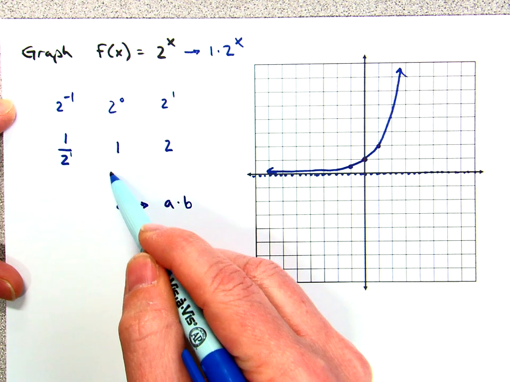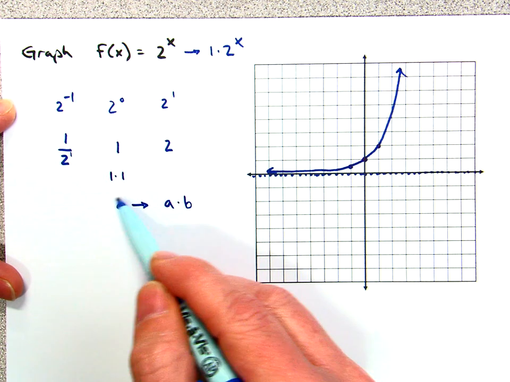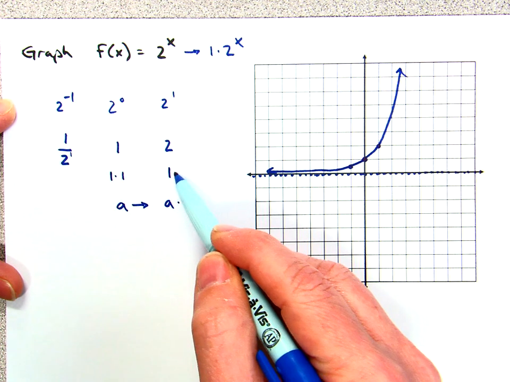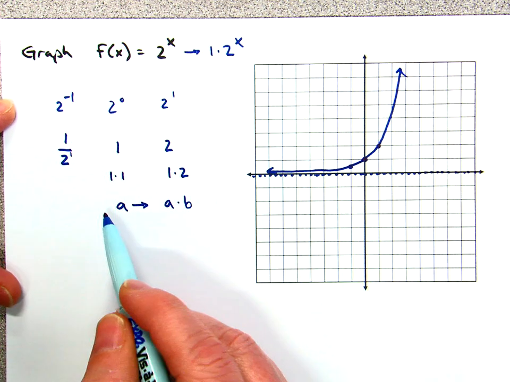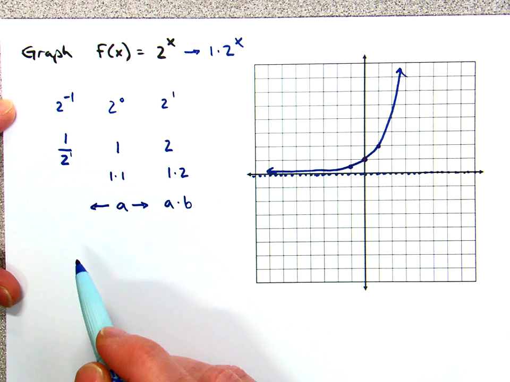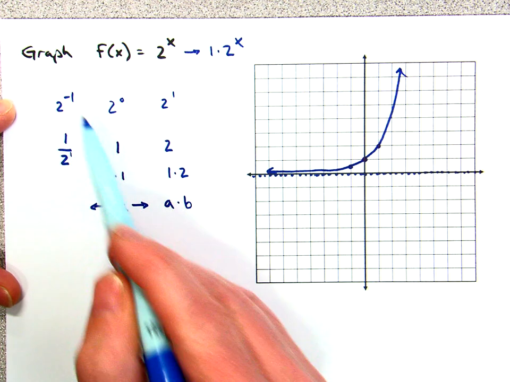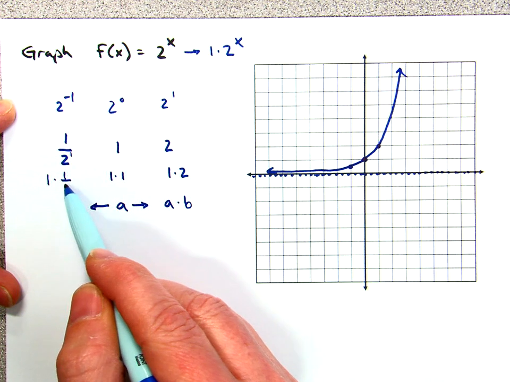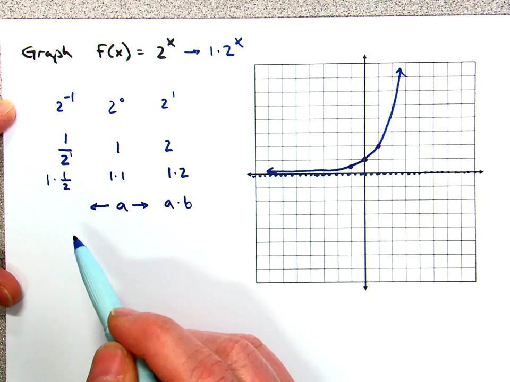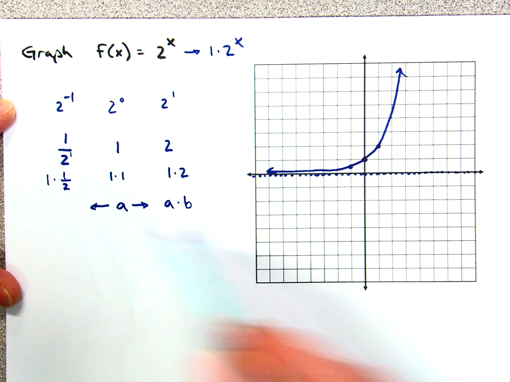right? Because this will be 1 times 1, which is just a. This is going to be 1 times 2, which was 2, so this will be a times b. And if I move 1 unit to the left as like a negative 1, I could say again that this is a times 1 over 2, which was a half, and we can plot that.